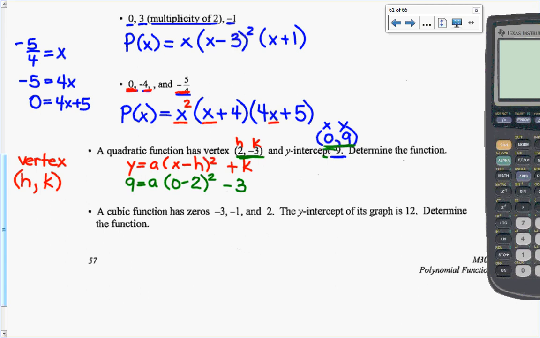Okay, do you see how when I have written h and k above here and x and y above here, it takes the guesswork out of trying to figure out where to plug them in the equation? It just makes it a little bit easier to plug in. And I would recommend that you do that just to make it easier for yourself. Okay, when you solve this, you've got 9 equals a times, what's 0 minus 2?